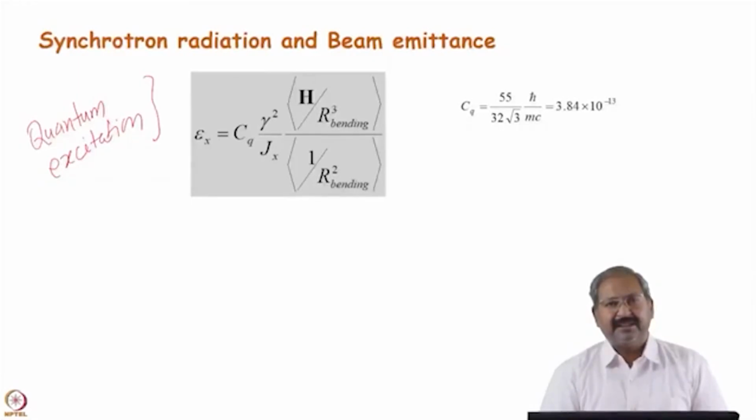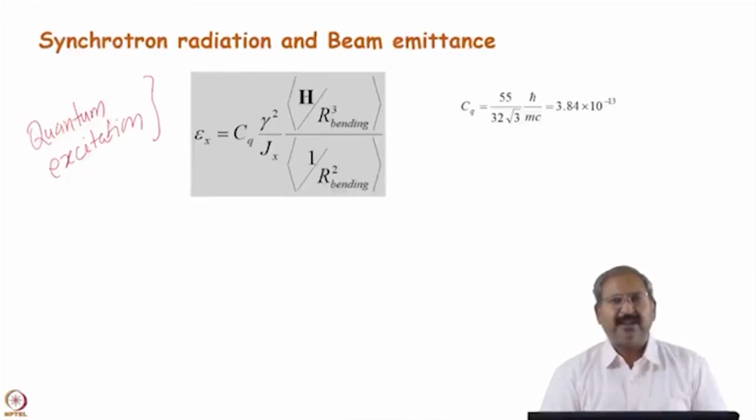So it means photon emission has some kind of randomness, and that means on the electron beam there will be random kicks due to photon emission. And when the beam has random kicks due to photon emission, each particle has some random kicks.